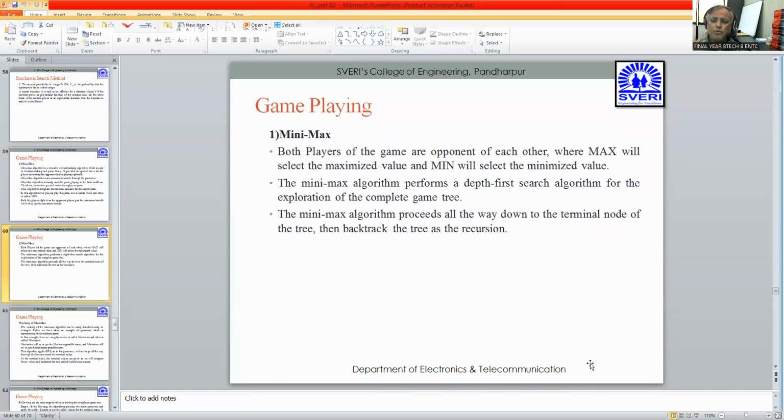It goes from top to end, and from the end it backtracks again to the top. So backtracking takes place, and because of that, this algorithm is also called a recursive algorithm.